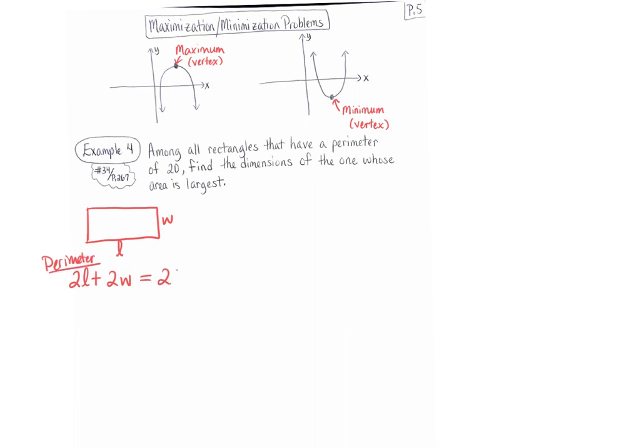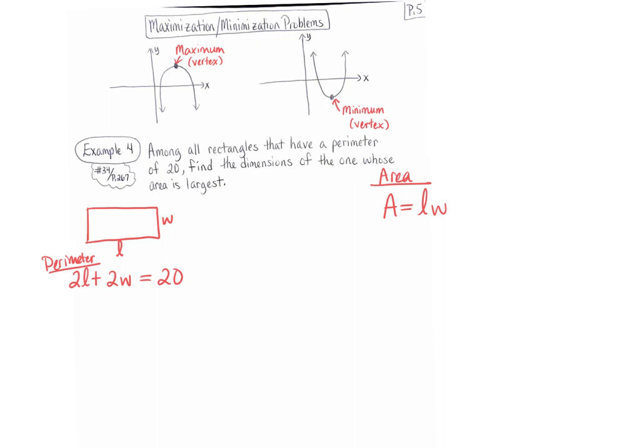Good. So that's equal to 20. It says, find the dimensions of the rectangle whose area is the largest. How do we find the area of a rectangle? Very good. It's length times width.